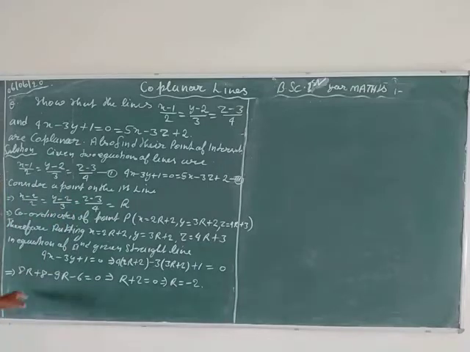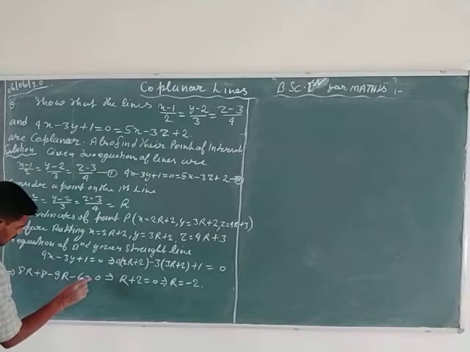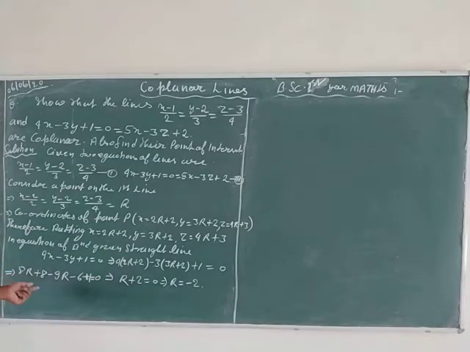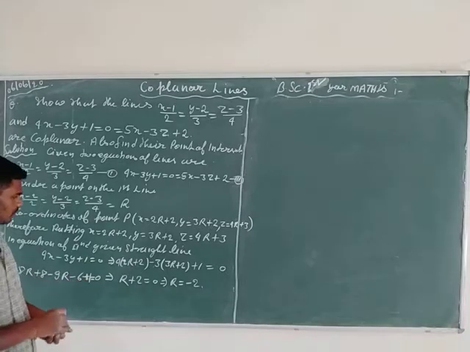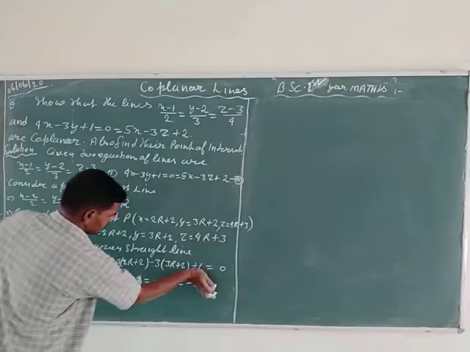After simplification, write 8r plus 8 minus 9r minus 6 plus 1 is equal to 0. So 8r minus 9r is equal to minus r, and 8 minus 6 is equal to plus 2, plus 1 is equal to plus 3.